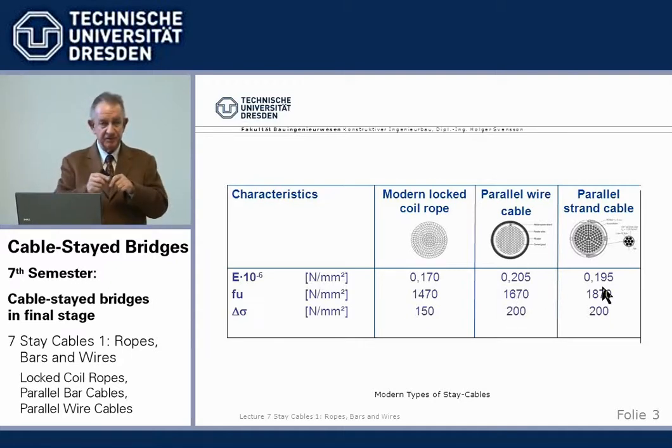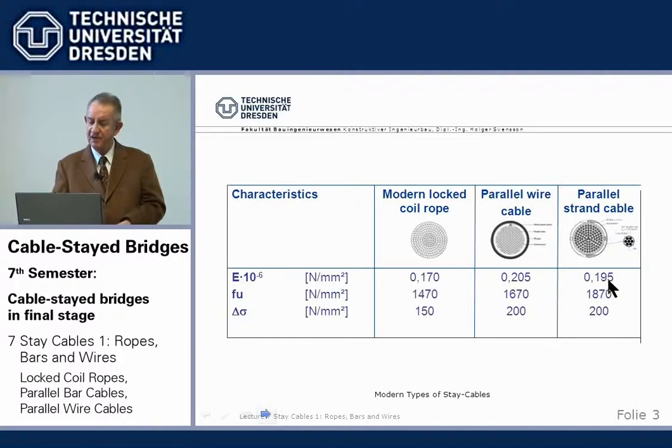And if I draw even thinner to 5 millimeters, which are the individual wires of a strand, then I come to 1870.